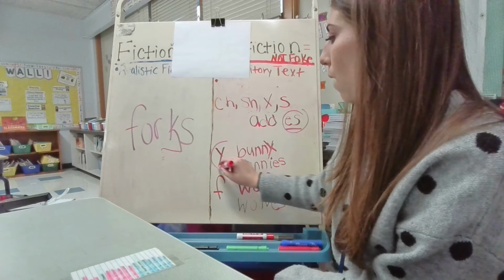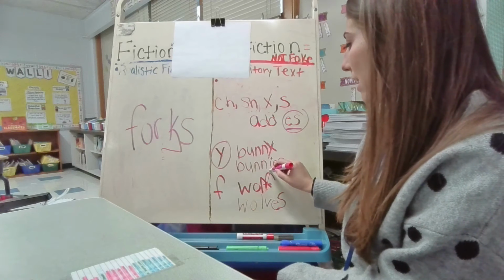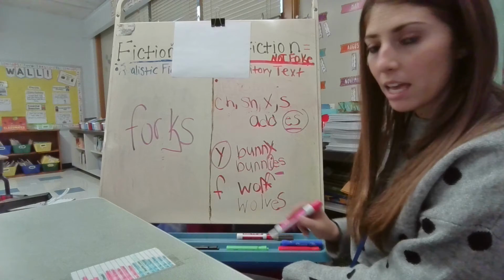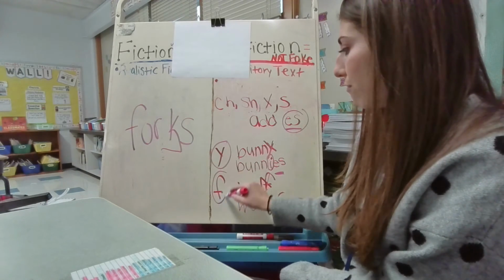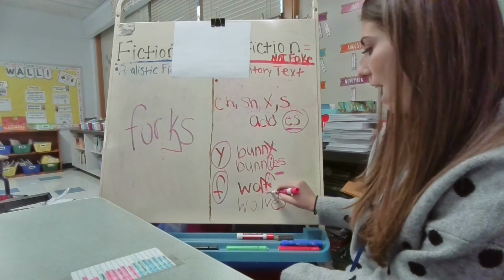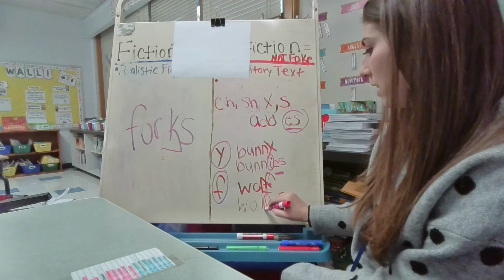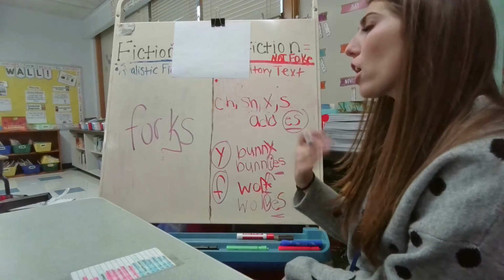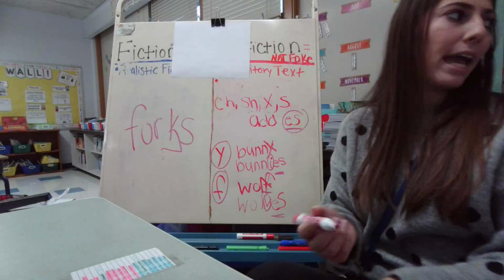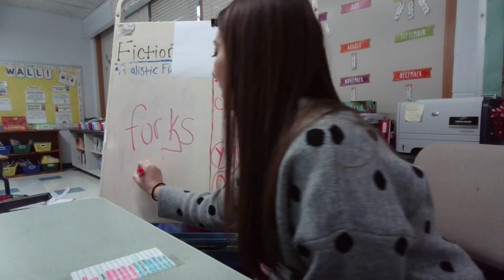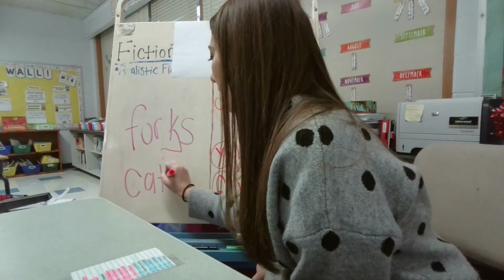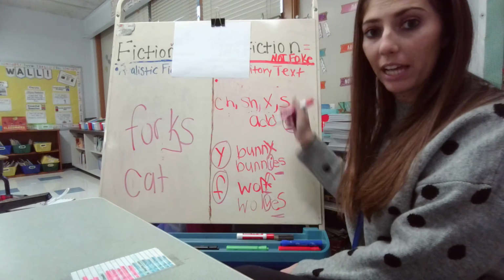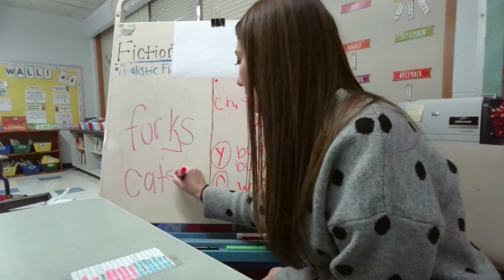When we have a Y, I have to change my Y to an I and then add ES. If my word ends in an F, I have to change the F to a V and add ES. If your word ends like in an R or a K or a T, like the word cat, and I want to make it cats, there's no special rule I have to follow. You just add an S.